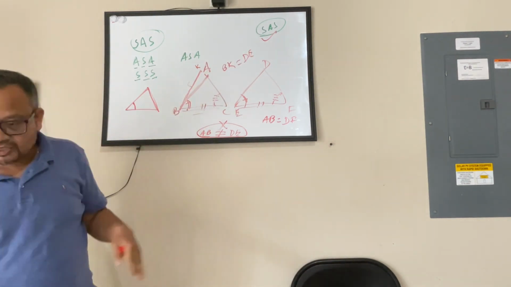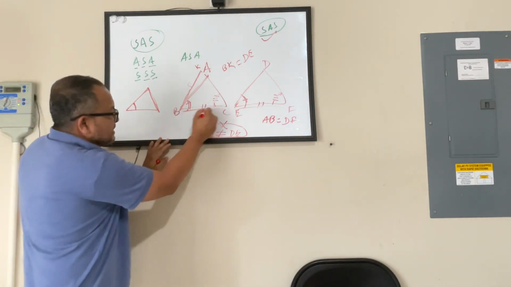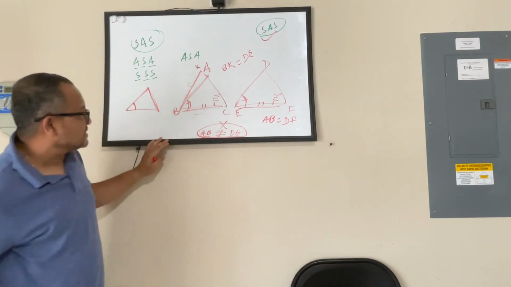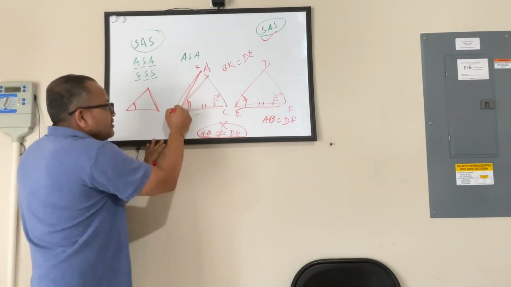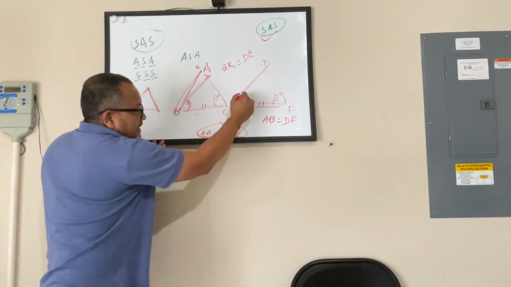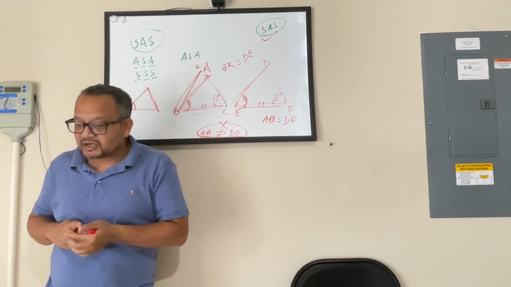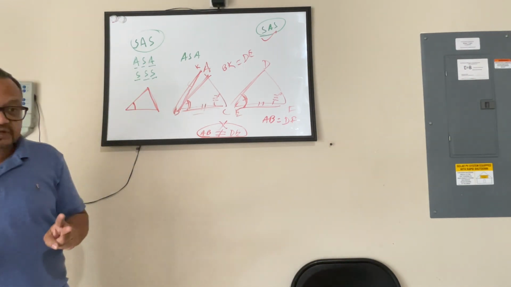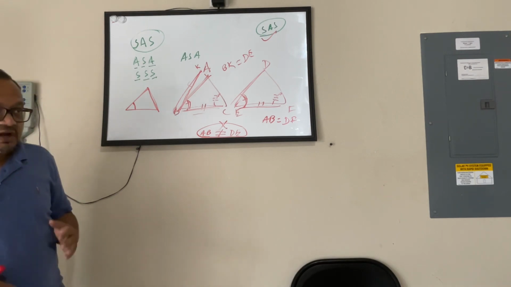Now in this scenario also, we are looking at the two triangles and we said these two sides are anyway the same, angles are the same. Let's look at one pair of sides, this side and the angle. And we made two assumptions: there are two possibilities. If the two sides are the same, then SAS applies and we can prove it.